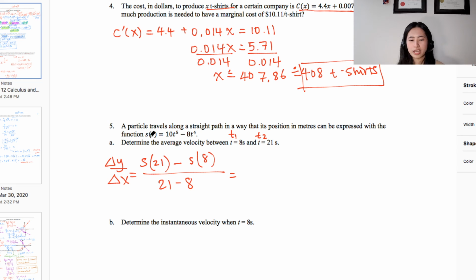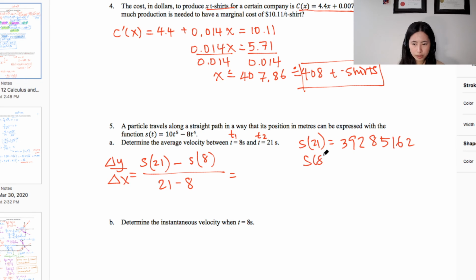So all you have to do is plug in 21 and see what it gives you. Maybe we can do that quickly. s of 21 is 10 times 21 raised to the power of 5, minus 8 times 21 raised to the power of 4. This is a huge number: 39,285,162.